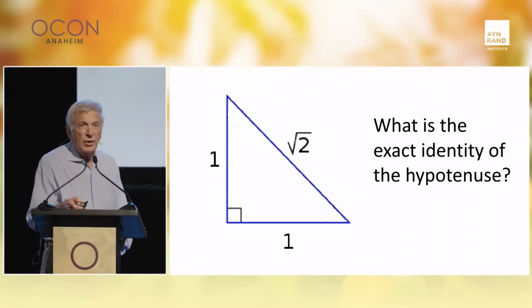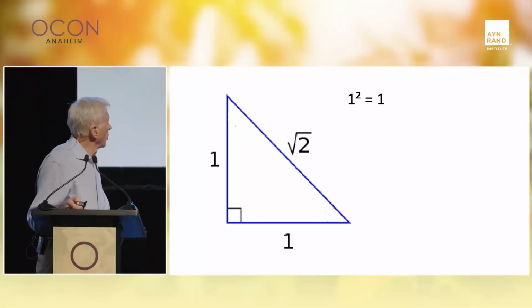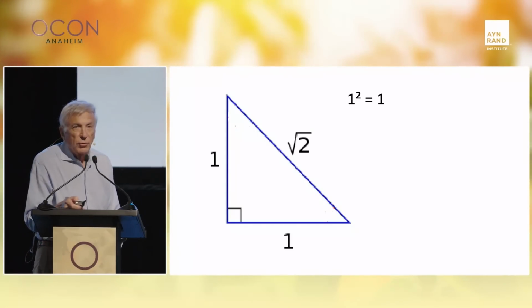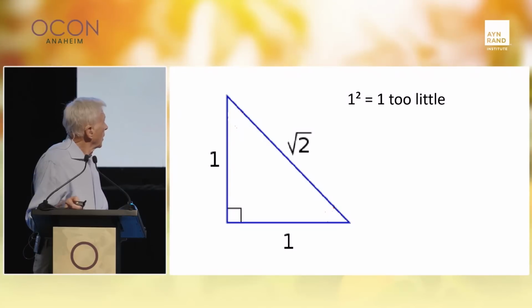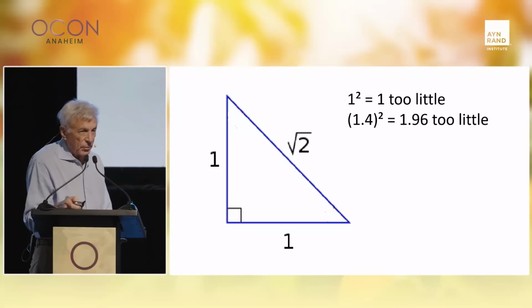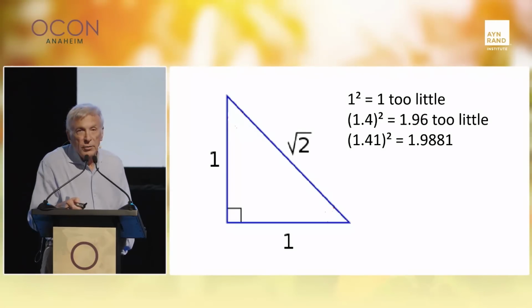But what is the exact identity of that hypotenuse? The square root of 2 is not 1. 1 squared is 1. That's too little. It's not 1.4 squared. That's too little. It's not 1.41 squared.